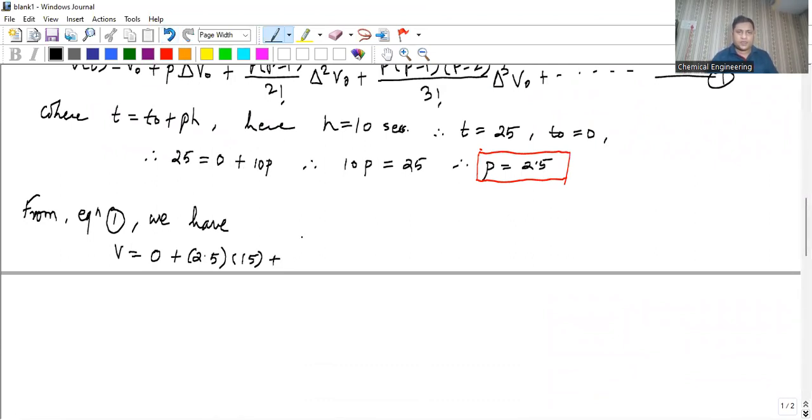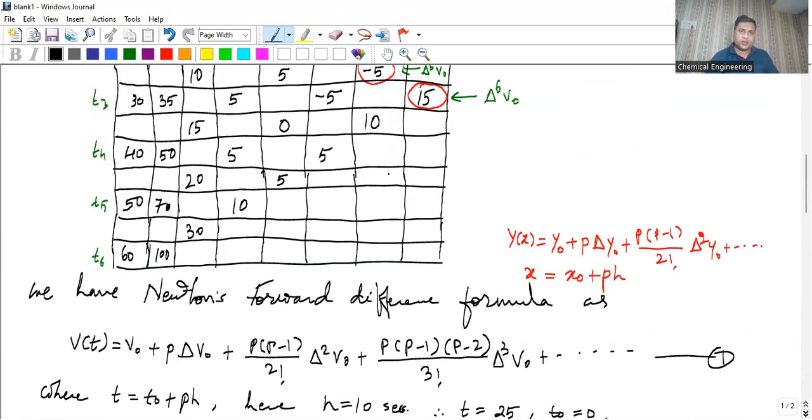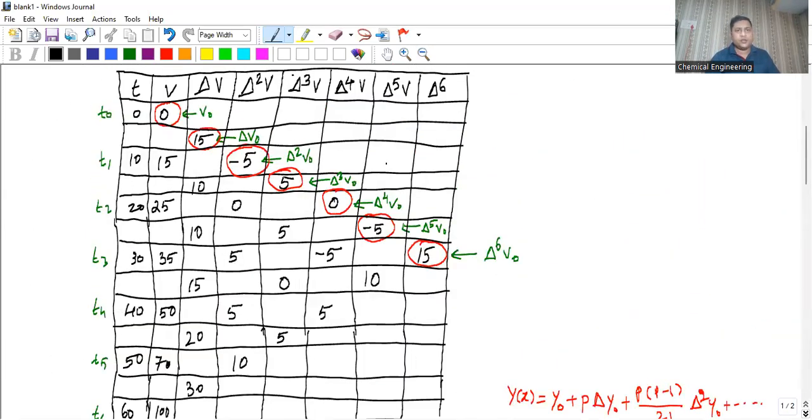Plus, what we have? p, so 2.5, into 2.5 minus 1 by 2 factorial, and here this term is going to be delta square, which is minus 5.